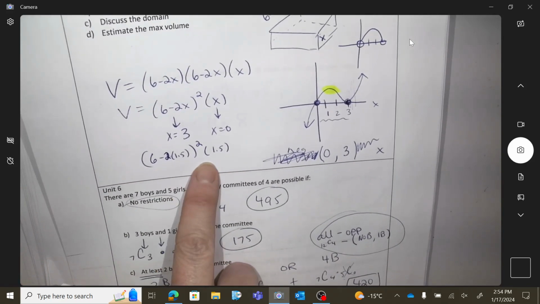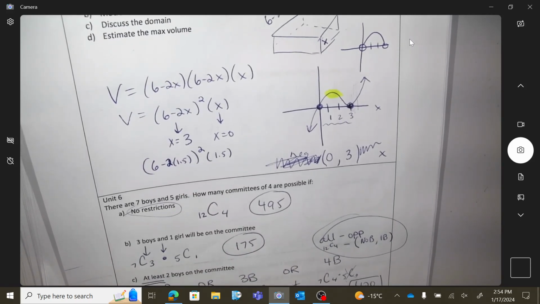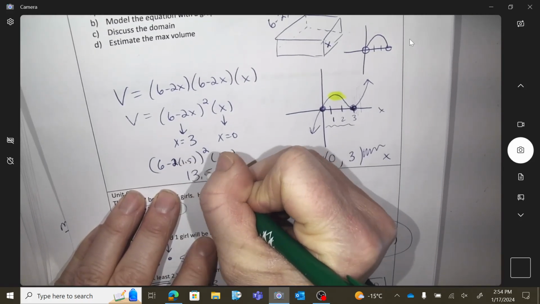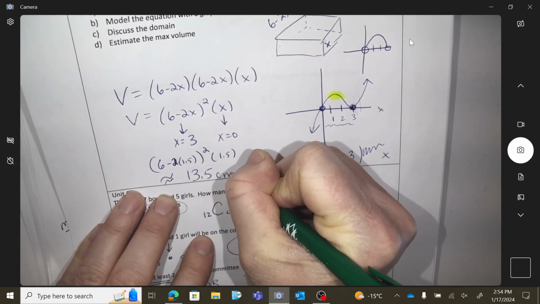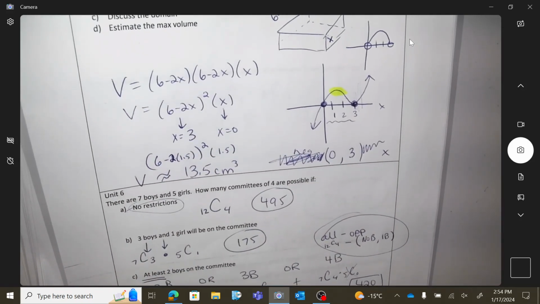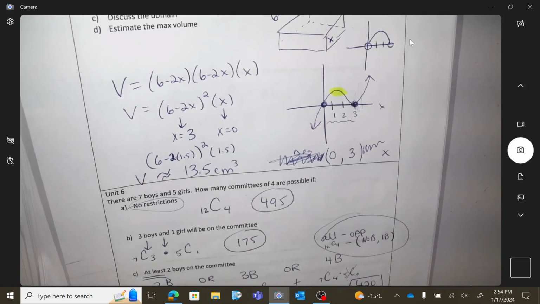So that's what I do. I plug in 1.5. Okay, and then I'm telling you that it's in cubic centimeters because we're talking about a max volume.